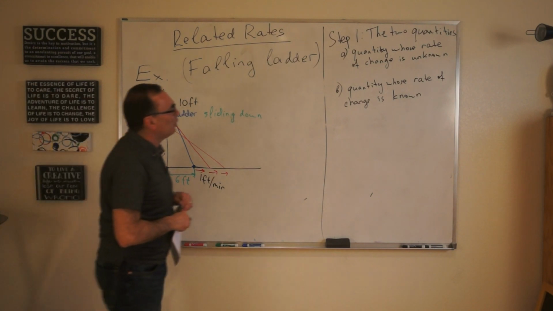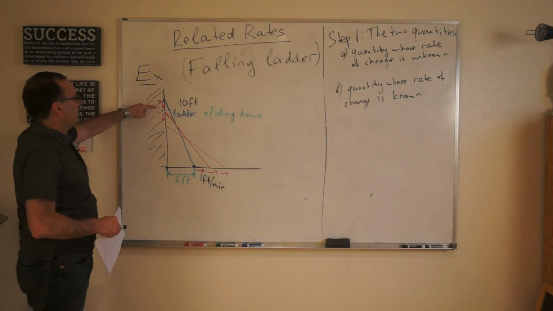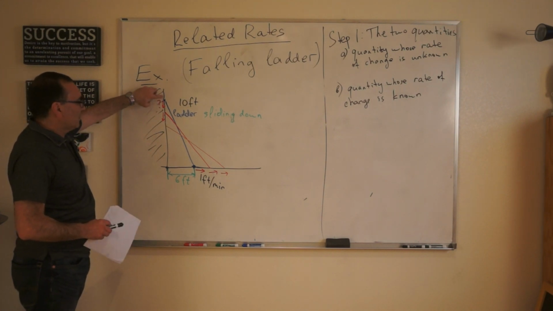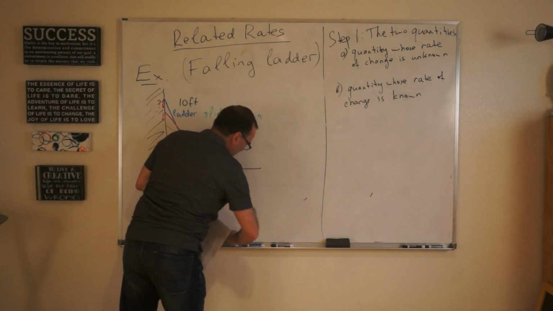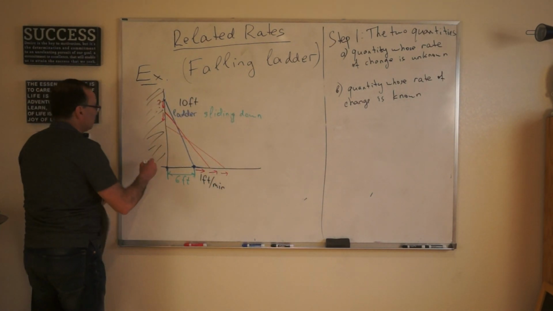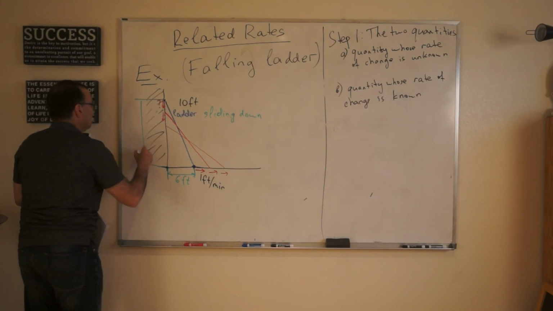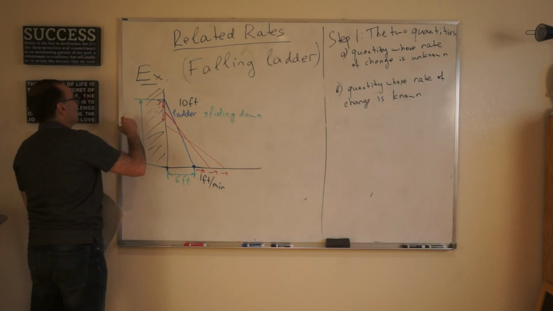But what is the quantity that changes at this rate? Which means this speed of movement of this point represents rate of change of which quantity? It's a little bit tricky, but if you think of it, it represents the height of the top point of the ladder.